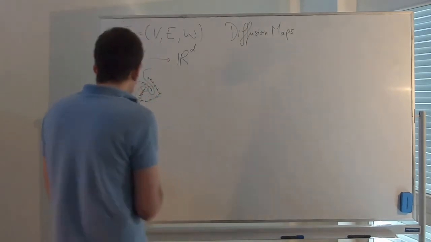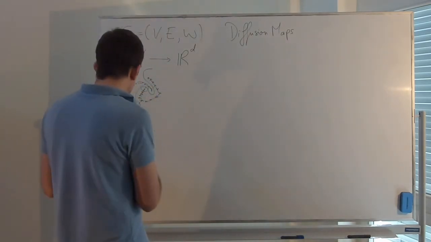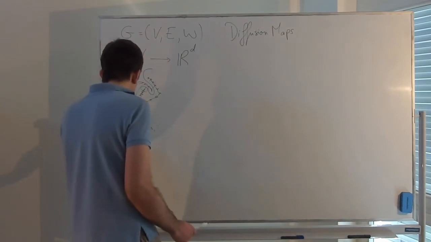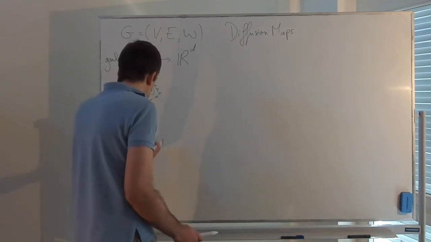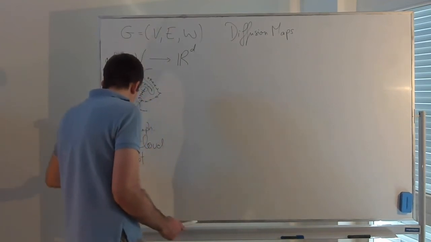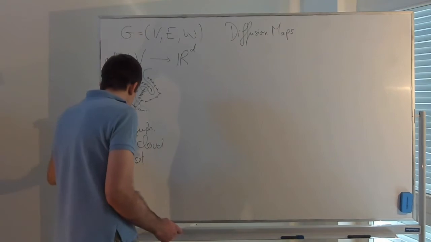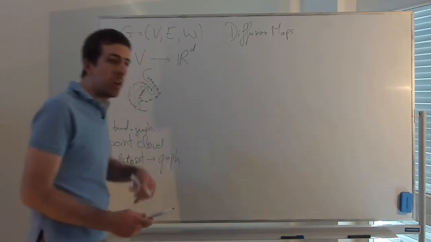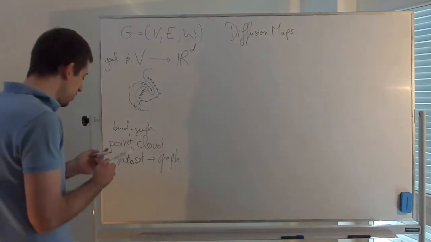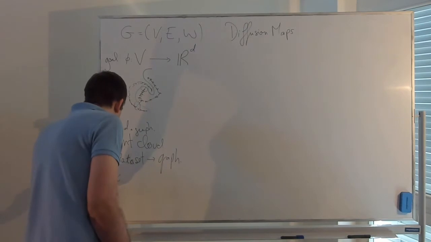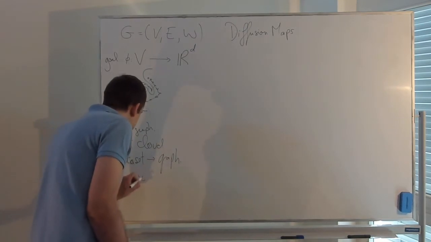The idea is to build a graph, going from a point cloud or some data set to a graph. We can do this via kernels. So we have points x_1 through x_n.